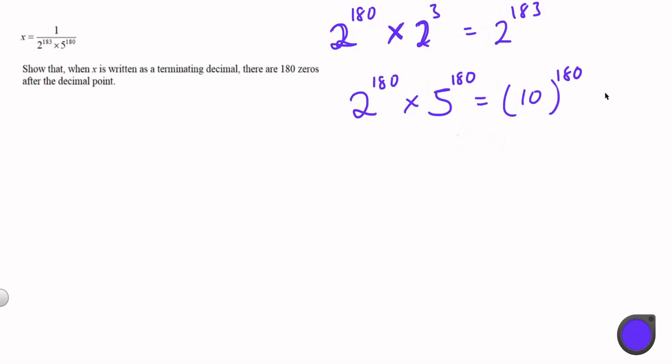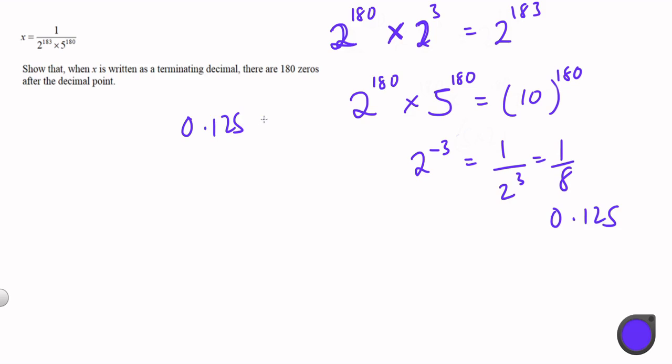Right, what else do you need to know? You need to know, for example, 2 to the power of minus 3 is the same as 1 over 2 to the power of 3, which is 1 over 8. And if you do short division or use a calculator, that's 0.125. And if you've got something like 0.125 times 10 to the power of, let's say, negative 2.